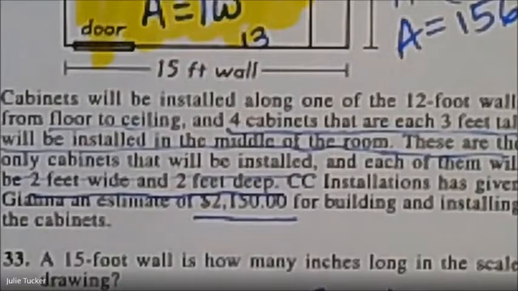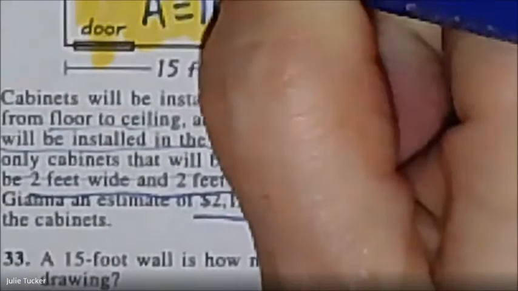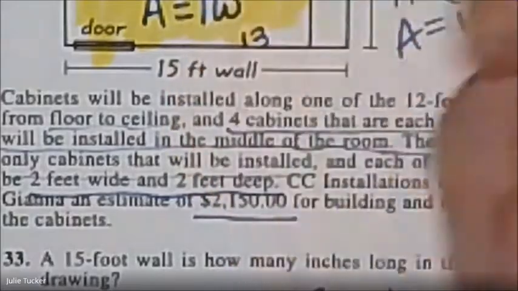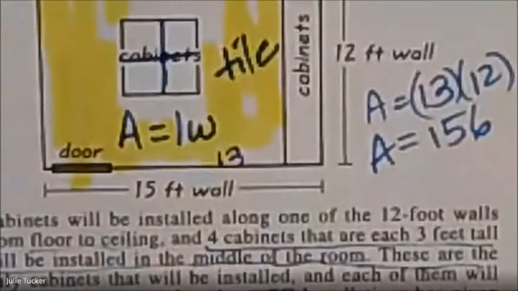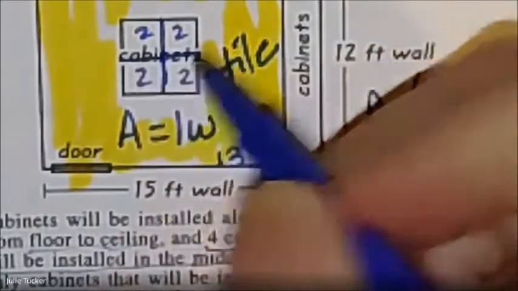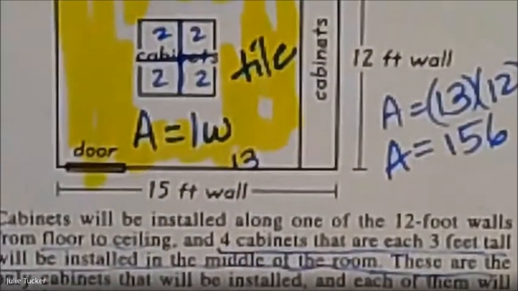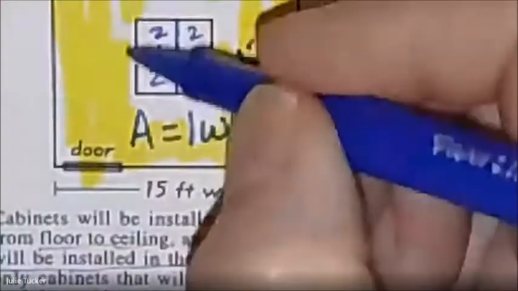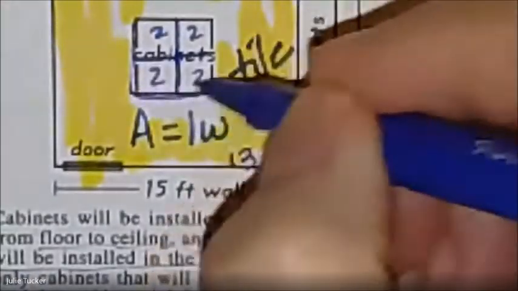So 4 cabinets in the middle of the room that are 2 feet wide and 2 feet deep. So they're saying it's like this. So this is a 2, and this is a 2, and this is a 2, and this is a 2. So then what is this whole length and this whole width?